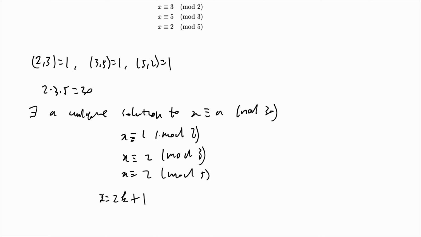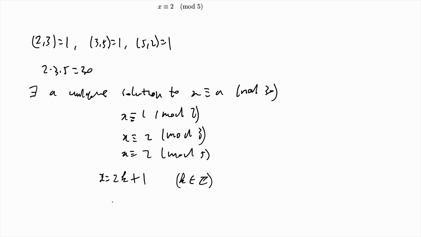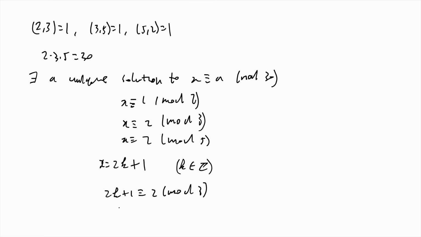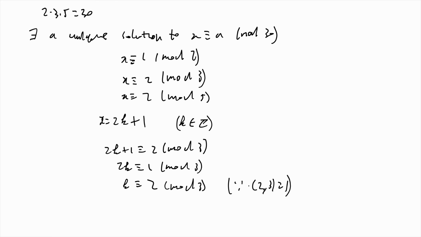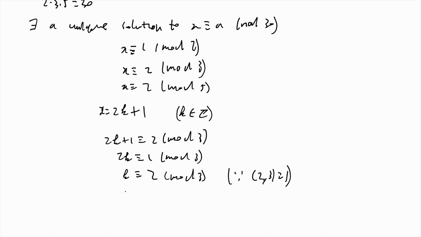Okay, so using our first congruence, we can write that x equals 2k plus 1, where k is an integer. Then let's use this to substitute it right here: 2k plus 1 congruent to 2 mod 3. Therefore, k equals 3k prime plus 2.